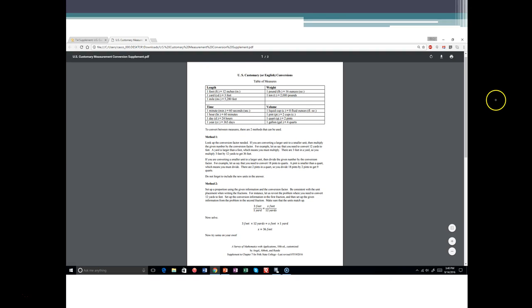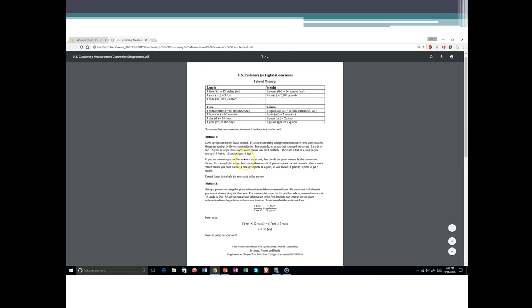And if you look under the PAL space under content for this unit, this is the first page of the handout that you need to focus on for this lesson. I did not post the second page here in the slides, but there's two pages. The first page has this chart, which has the measurements that you're responsible for. Make sure you know these, because they will not be provided on your test.